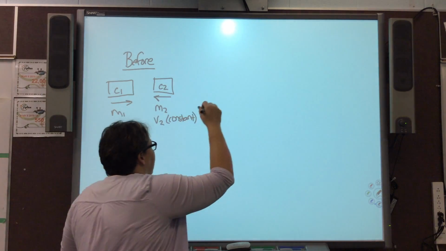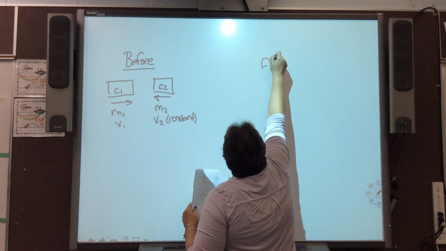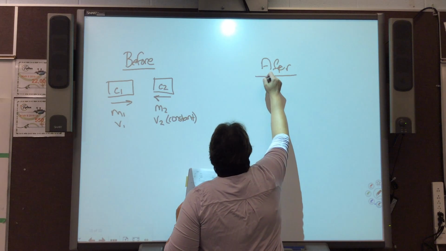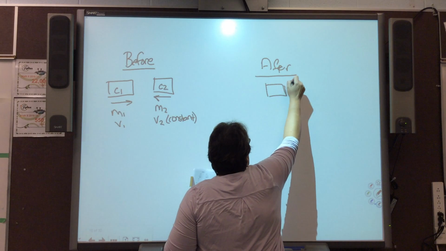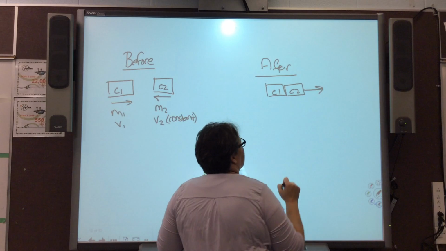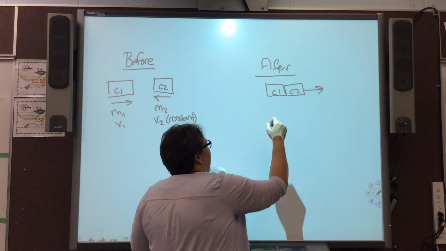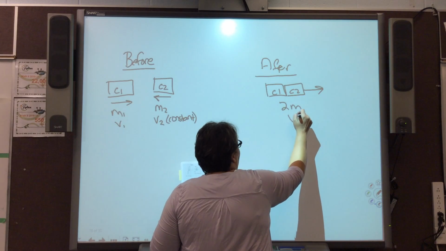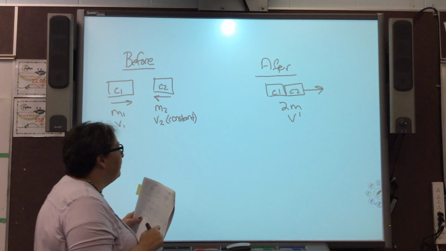Okay, and then in our after picture, they always had it so that cart 1 and cart 2 stuck together, heading in the same direction as cart 1. So you have 2m and velocity prime, before and after.